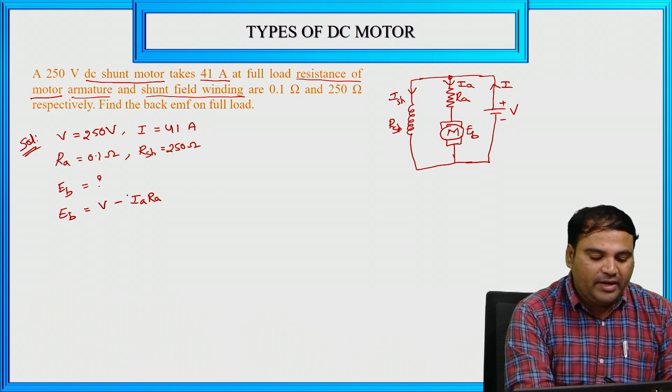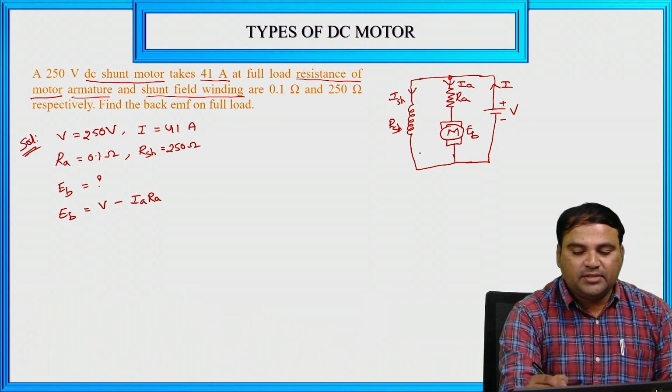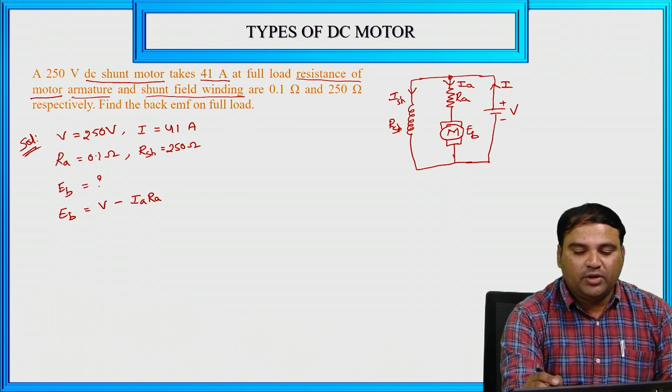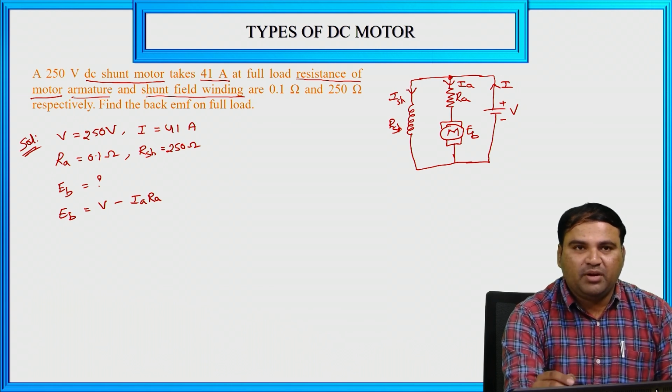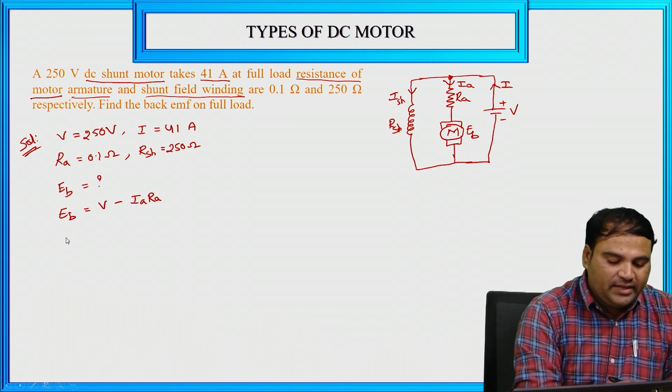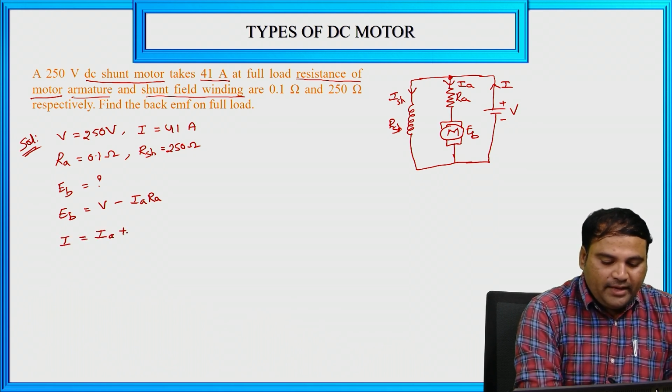Now we have to find out this IA. From this shunt wound DC motor, the total current is equal to, so apply KCL here. The incoming current is equal to the algebraic sum of the outgoing currents, that is I equals IA plus ISH.